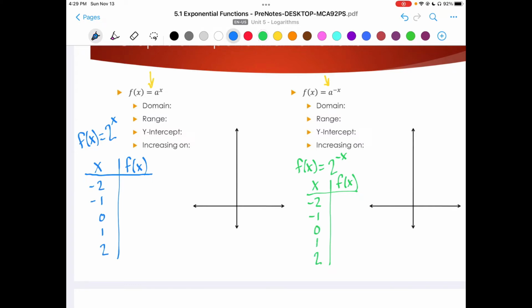All right, so we get 2 to the -2, 2 to the -1, 2 to the 0, 2 to the 1, and 2 to the 2. 2 to the -2 is the same as 1 over 2 to the +2, which is 1 over 4. 2 to the -1 is 1 over 2 to the +1, which is just 1 over 2. 2 to the 0 is 1. Anything to the 0 is 1. 2 to the 1 is just 2. And 2 to the 2 is 4.